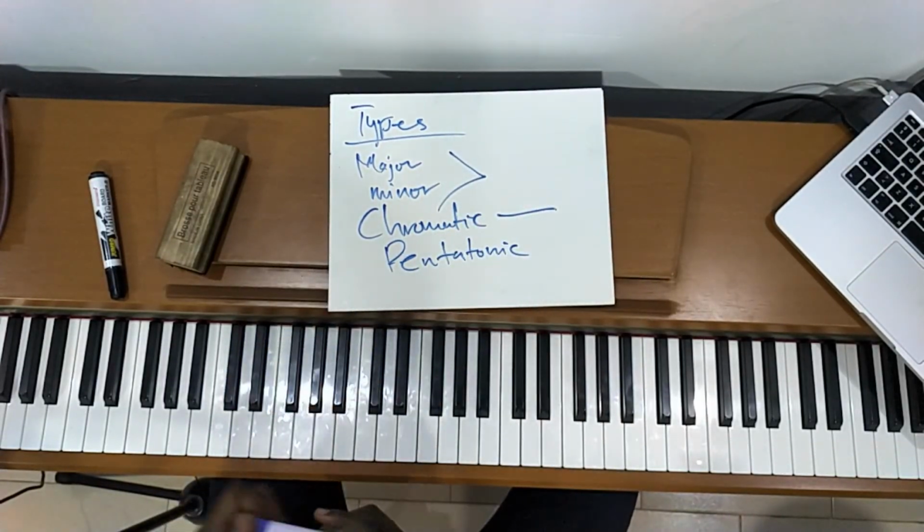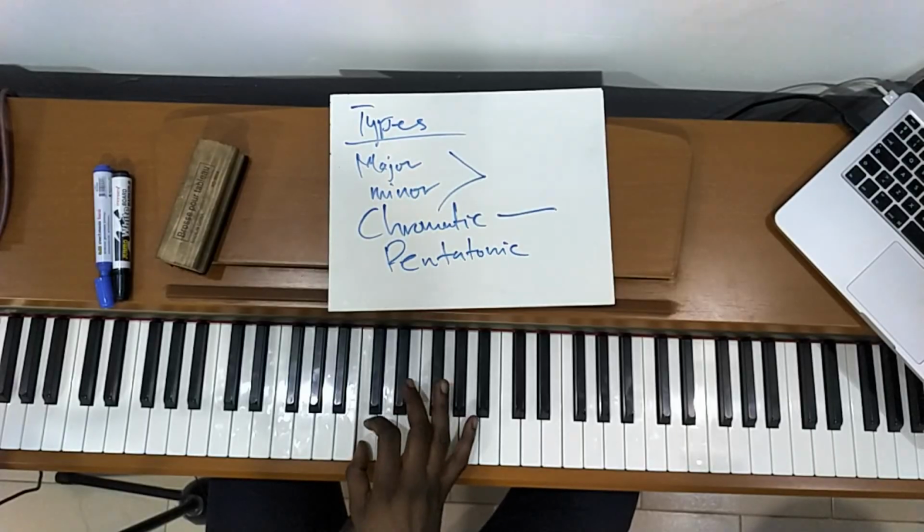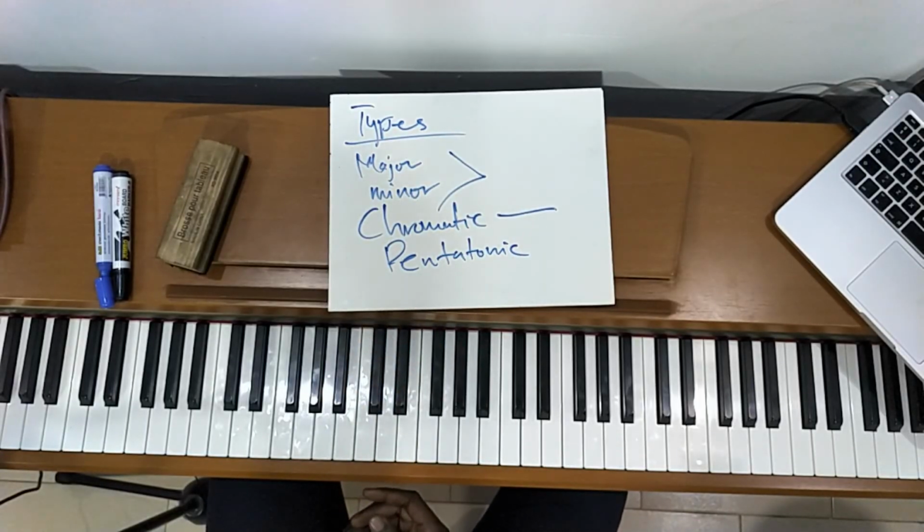The chromatic scale. So chromatic scale simply means you are playing all the 12 musical notes, okay? Regardless of where you stand. All right. So let's say you want to play, let's start from C and you want to play a chromatic scale.